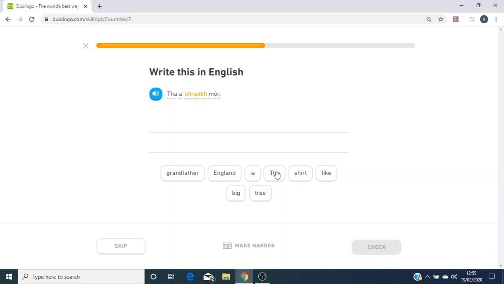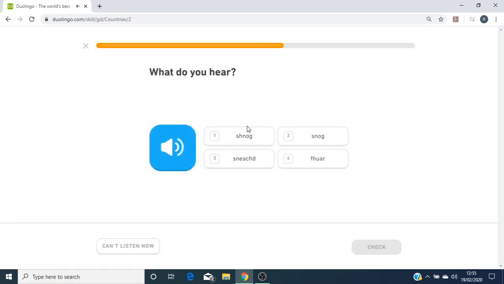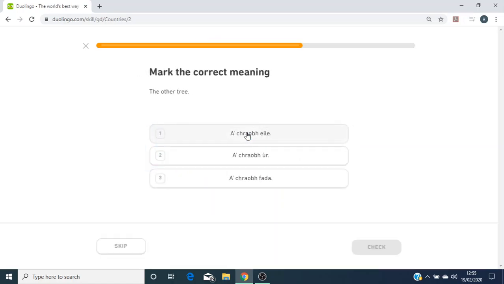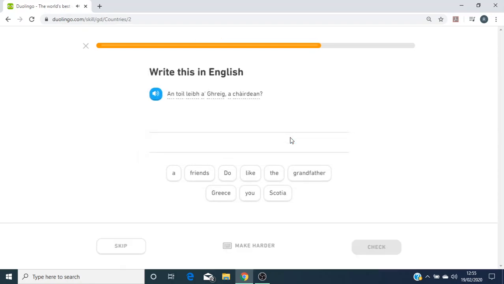I was right. Remember, we had tree earlier. The tree is big. Knock. Knock. Knock. Snog with a lenited snog. The other tree. Right.